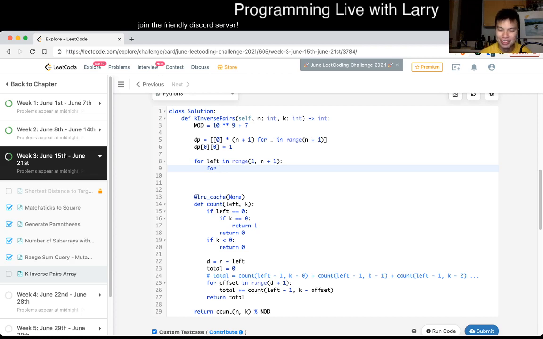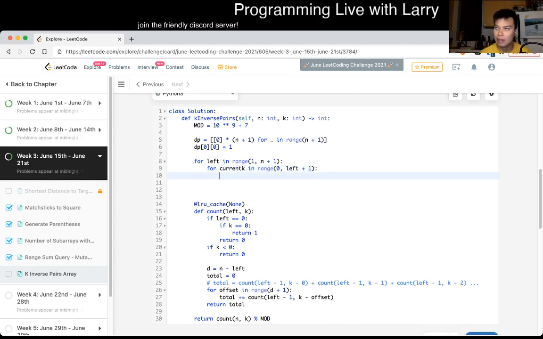Variable names are hard. I'm literally spending minutes on this one. For current k, say, in range, it can go from 0 to left. Is it left or left plus 1? I guess left plus 1, right? Because it could be left.